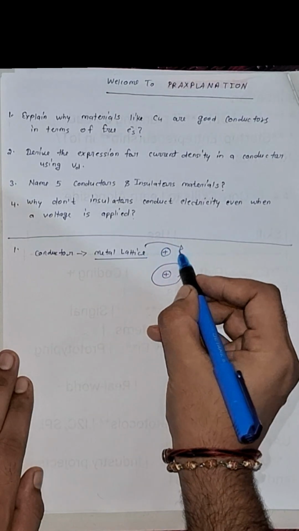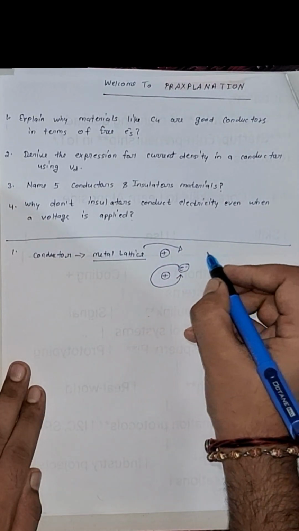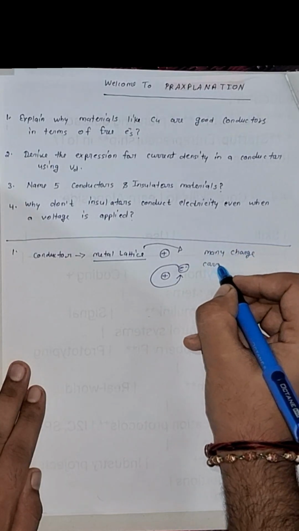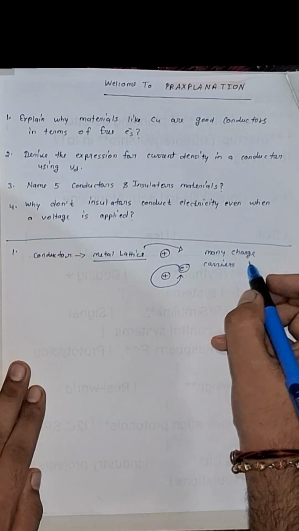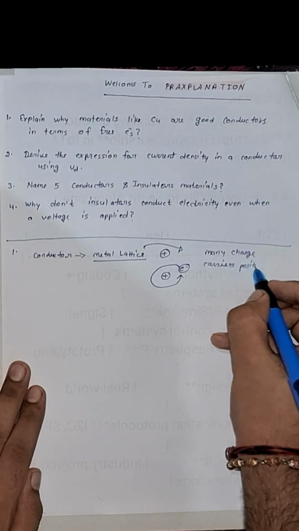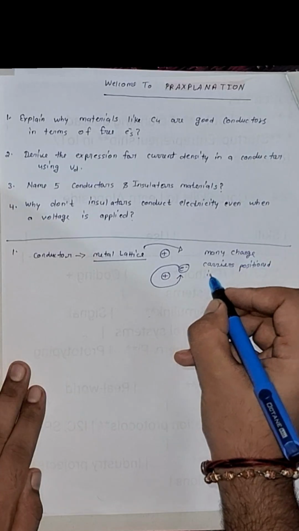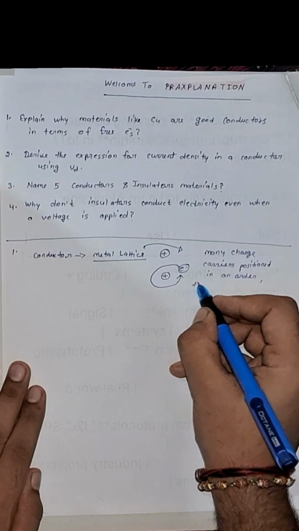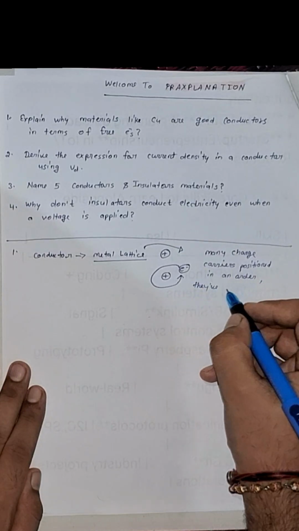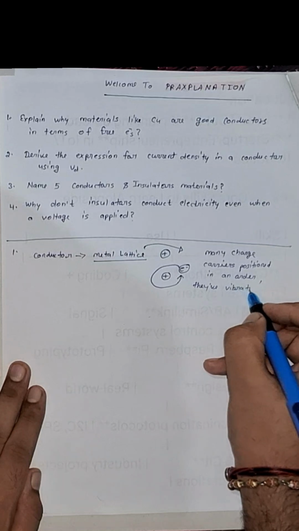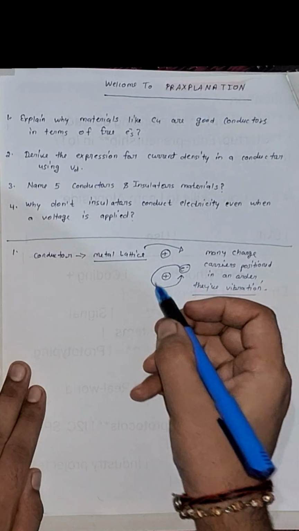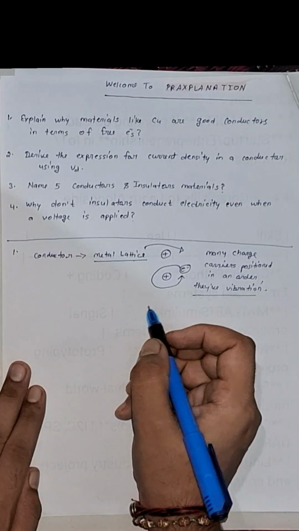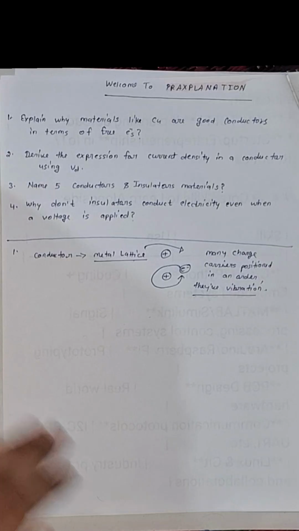It means you have many charge carriers, with positions in and out, and they have vibration, or they are vibrating. That's the meaning of this word lattice. Okay, and now let's see our second question.